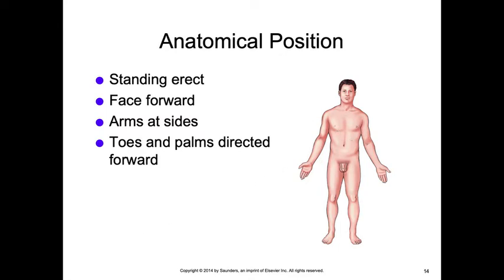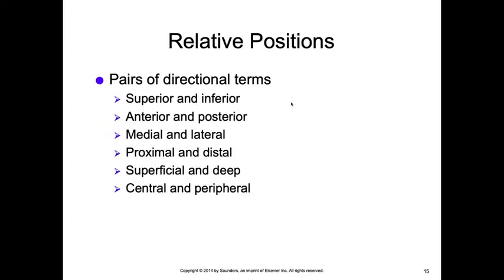There are directional terms that come in pairs that we need to learn. Superior, meaning closer to the head, and inferior, closer to the feet. So we would say, for instance, that your knees are superior to your ankles, and your chin is inferior to your nose.